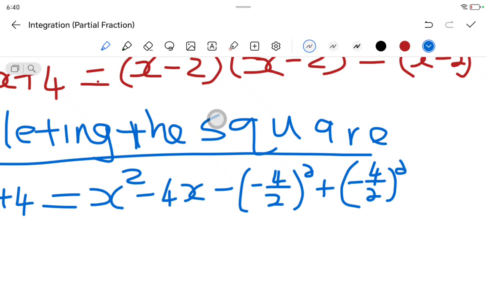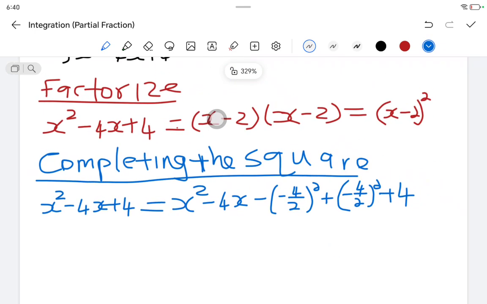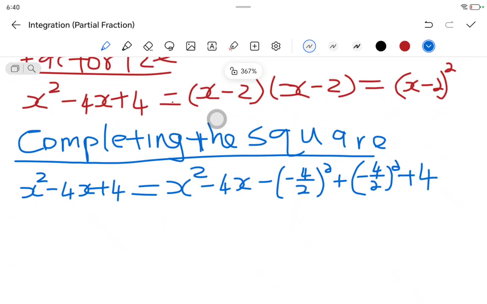Is it like this? Yeah. So you're saying it's like this, right? Then I add that 4 of mine there. Is that fine? Now, if you have this, what are you going to get here inside?